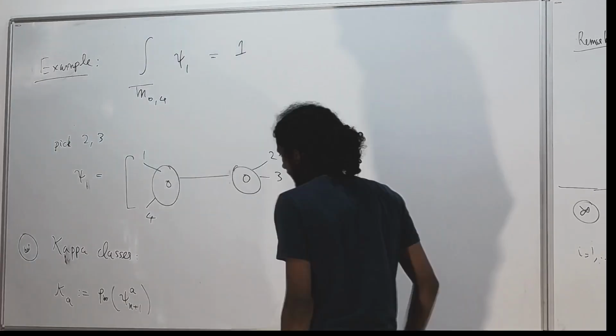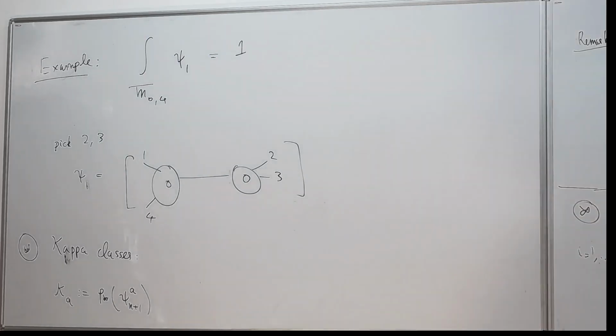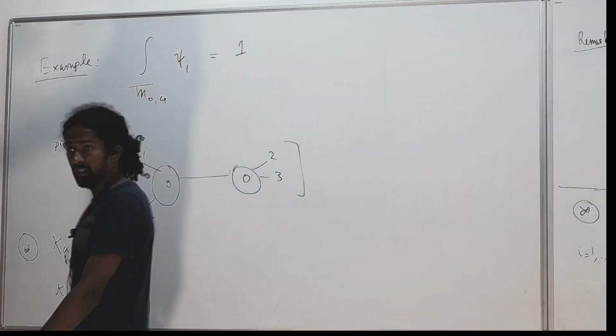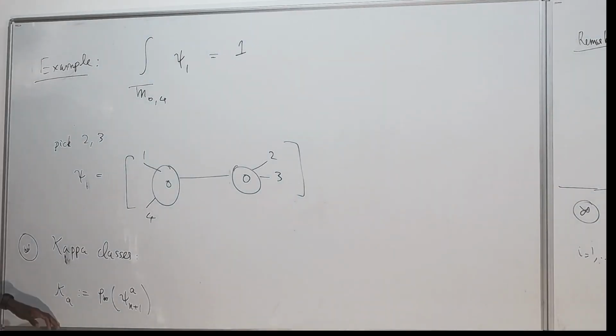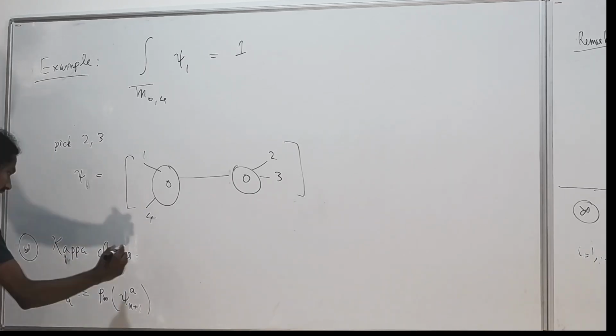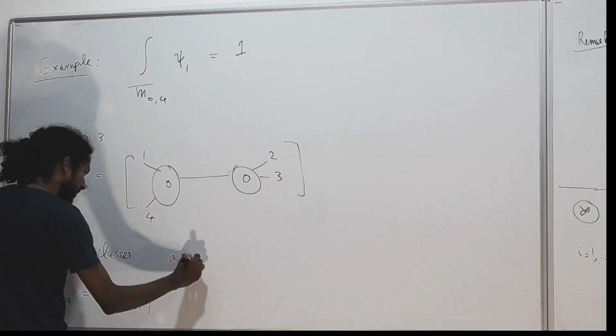Okay, another thing that I should say is that so far, when I was taking products of cohomology classes, I was writing a cup. I'll just not do that anymore because it's annoying. And I'll just write it like you write it in a ring, right? And just multiply it together. So this is like the psi n plus 1 class multiplied a times together. a is something that's greater than or equal to 0.